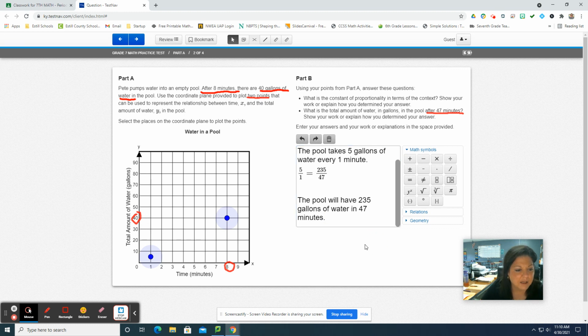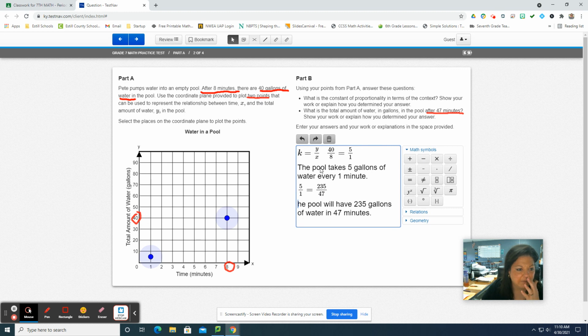Okay. And I feel that that is a reasonable answer. We have answered both parts. It says enter your answers in your work or explanations in the space provided. We have explained ourselves by our proportions, showed our work, and then we have answered the question in sentence form. Okay, let's go to the next question.